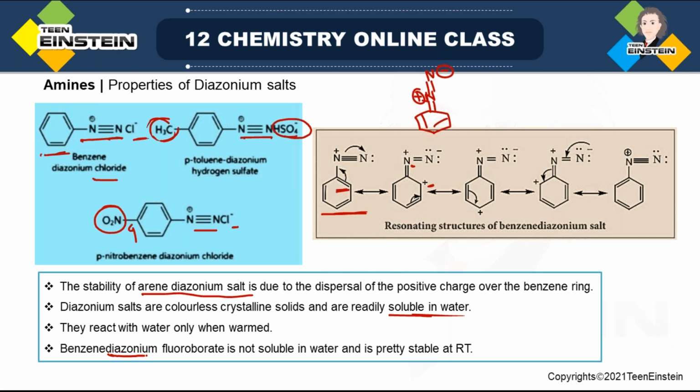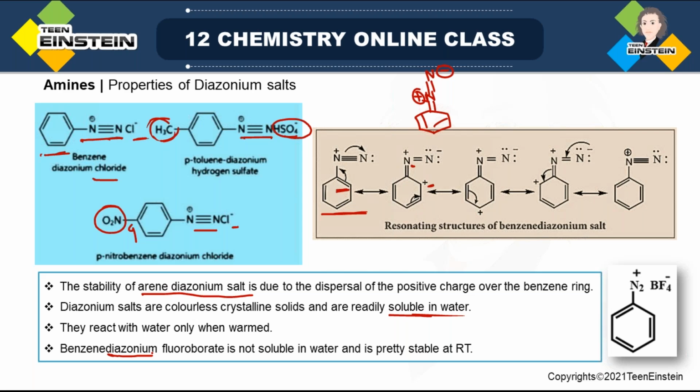Then another diazonium salt, which is also used for synthetic purposes, is benzene diazonium fluoroborate. What is the structure? This is the structure: C6H5N2 plus, and the anion is BF4 minus, fluoroborate. This is not soluble in water, and this is quite stable at room temperature. So this is the only specific exception, so you had better remember it.